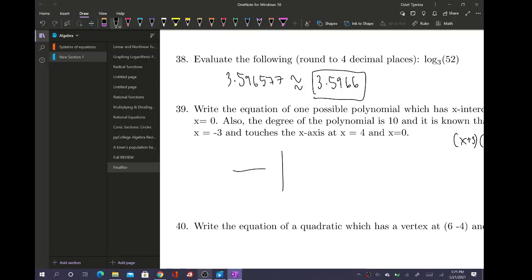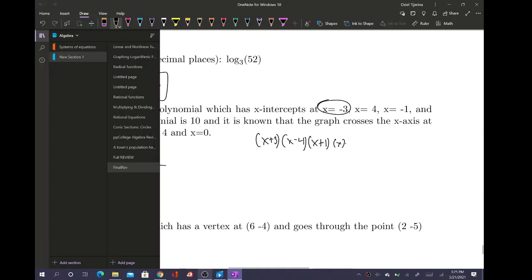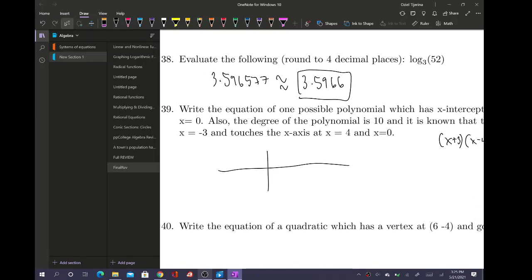Here it says it crosses the x-axis at x equals -3, so this is -3, it's gonna go like this, and then it says touches the x-axis at x equals 4, so like this, and then at x equals 0, it would be something like this.